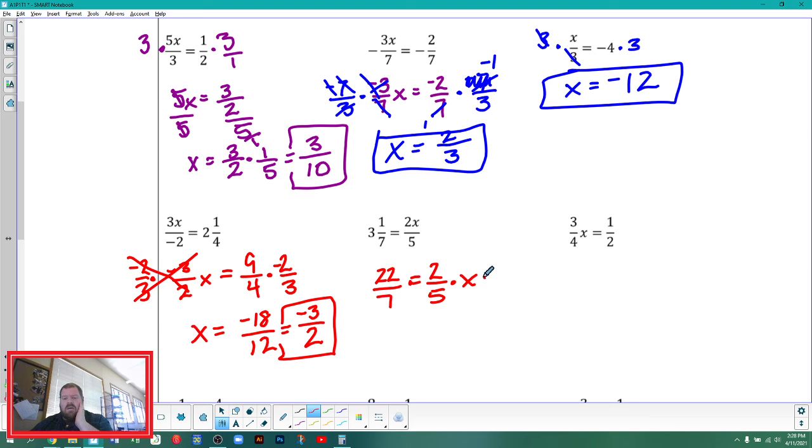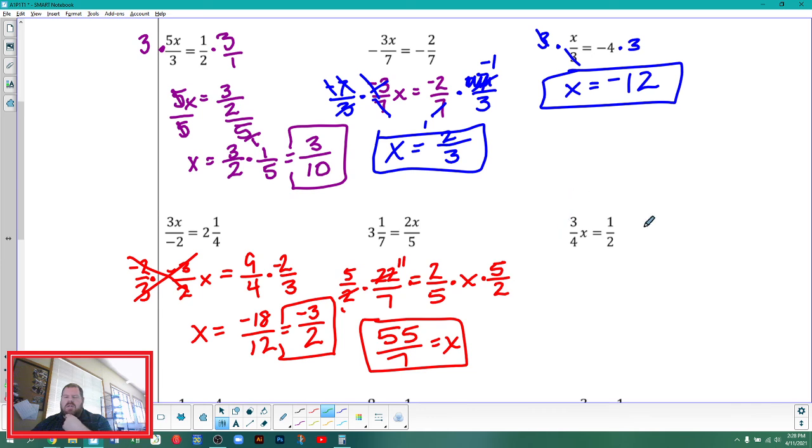I'm going to keep change flip here, multiply it by 5 over 2. I'm going to do a little cross-reducing. There's 11 2's in 22. 5 times 11 is 55, and 7 times 1 is 7. So we have 55 over 7 is equal to x.